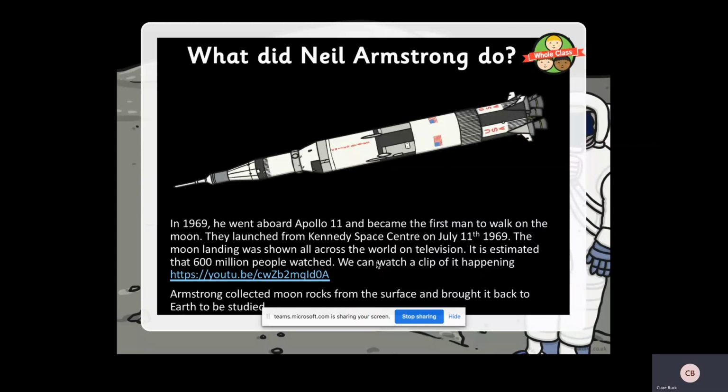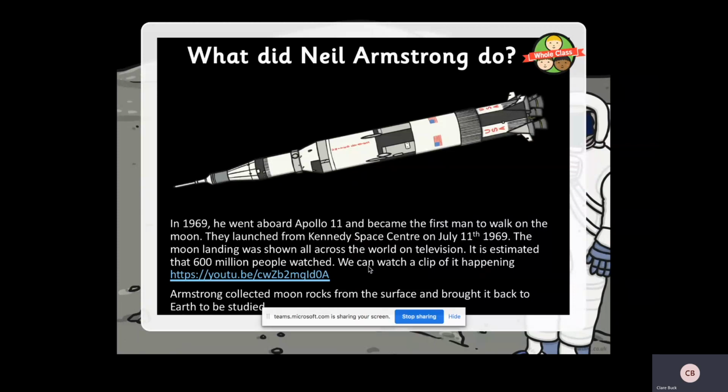People watching it all across the world, and it's estimated that 600 million people watched, because a lot of them had TVs at that point. But it was still a very, very exciting thing to be happening, and to be able to watch it on TV made it all the more extraordinary. So if you click on the link, you'll be able to see a video of that happening if you want to. So Armstrong collected moon rocks from the surface and brought them back to Earth to be studied.